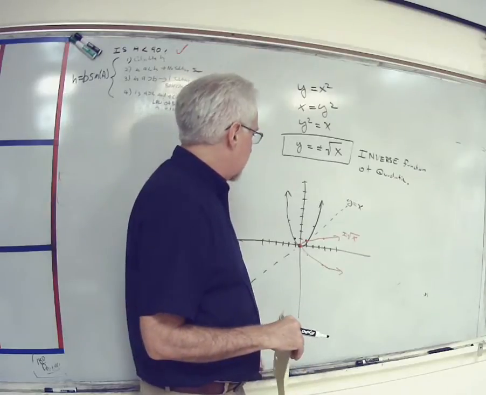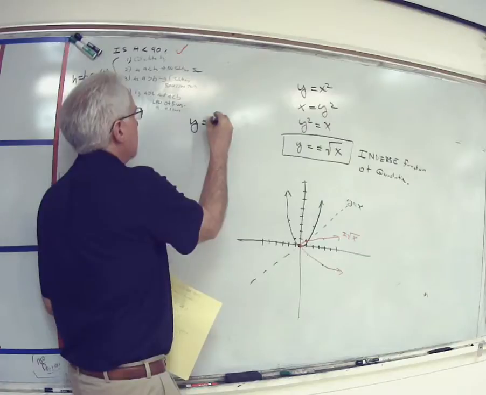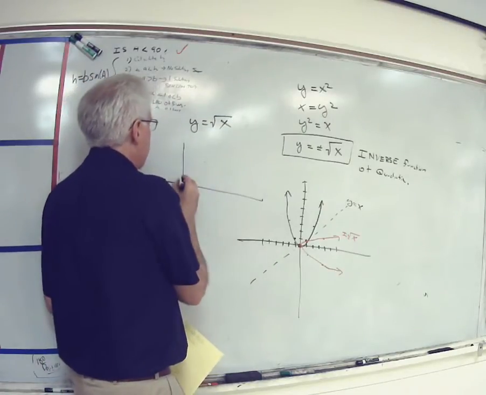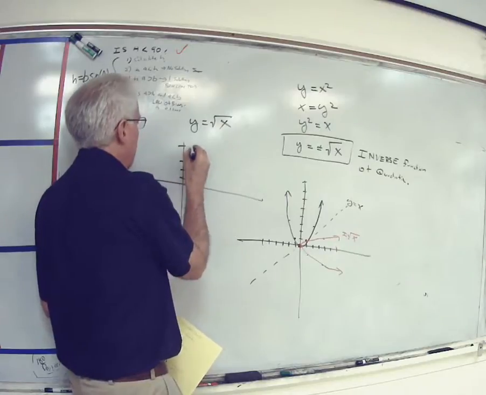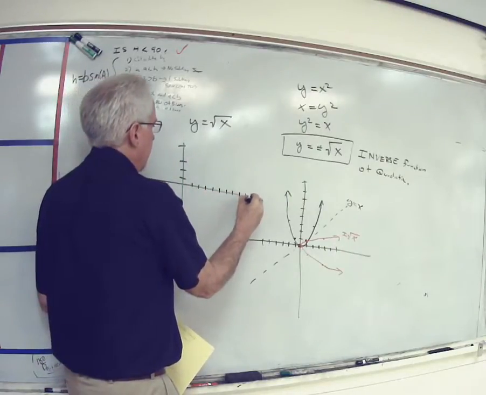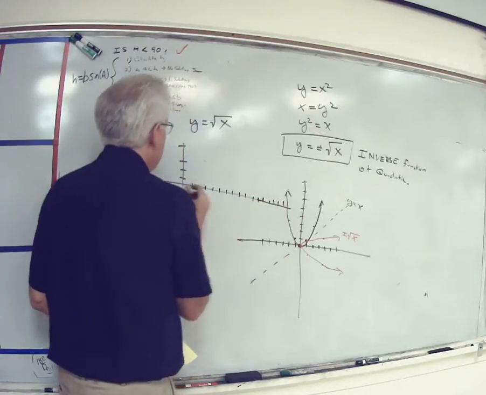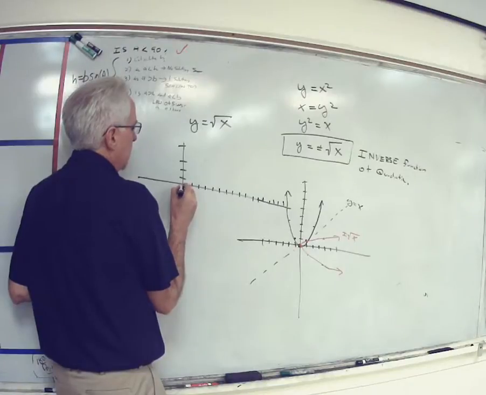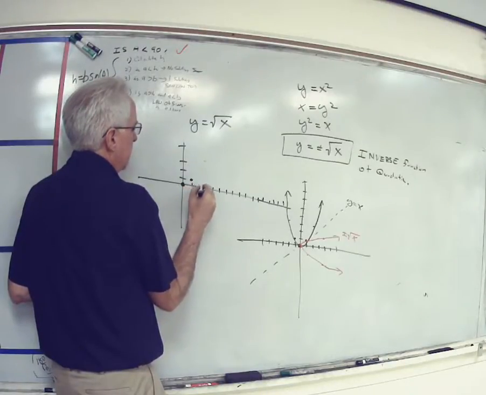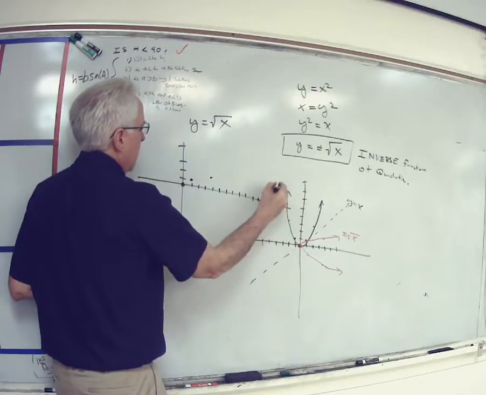Now a lot of times you'll just say y is equal to the square root of x without the plus or minus. In that case, 0 is going to be 0. 1 is going to be 1. 4 is 2, and 16 is 4.